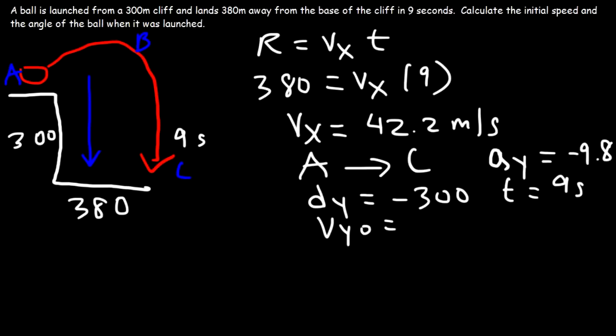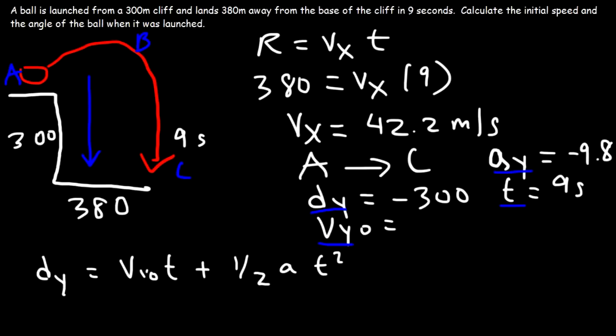What equation has the displacement, the velocity, the acceleration, and the time? The equation that we need is this one. d is equal to V initial t plus 1/2 at squared. But we need to use it in the y direction, along the y-axis. So dy, the vertical displacement, is negative 300.